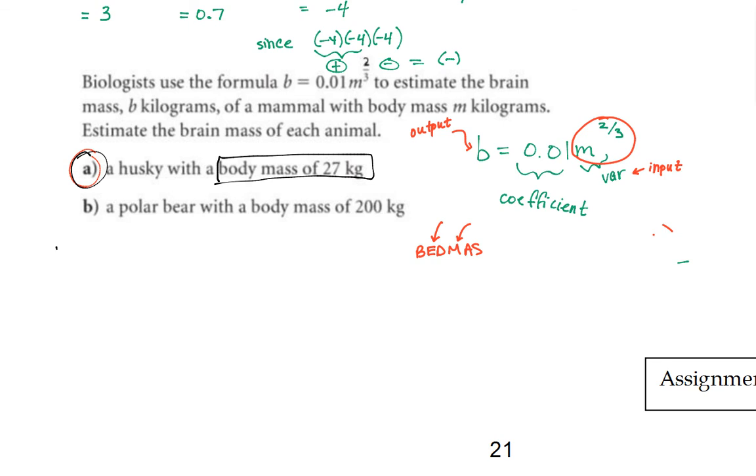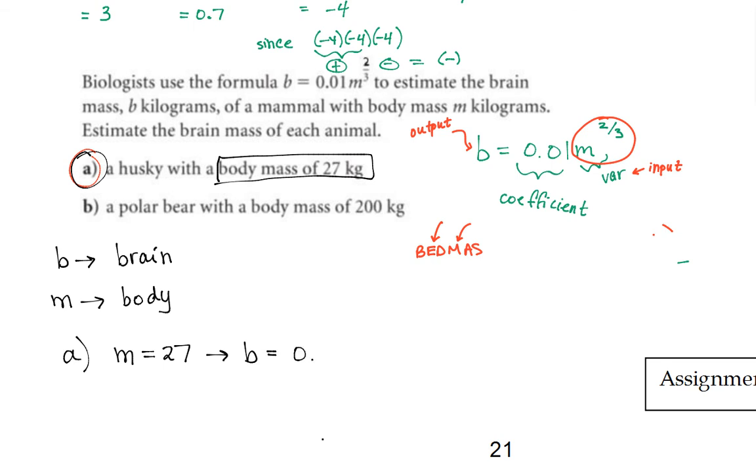It says B is for the brain and M is for the body. So in this question A, they've given us M equals 27. So then I can calculate the output B as 0.01 bracket 27 to the 2/3.